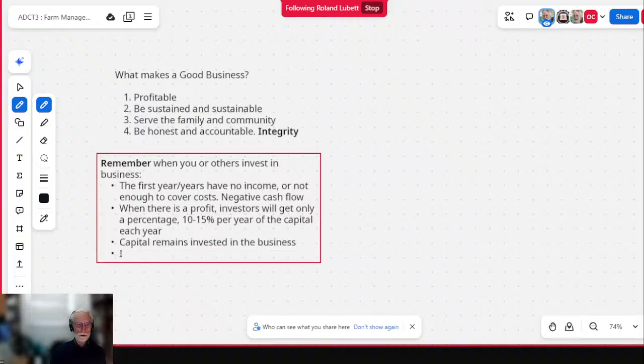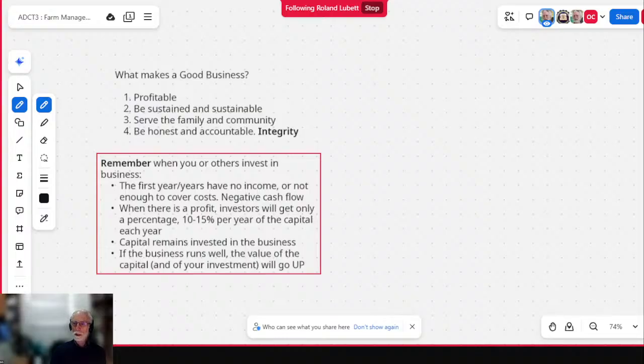And if the business works well, not only does it make profit, but the value of your capital goes up. So that if you want to sell your share or sell the whole business, you will get more value out of it if it runs well.